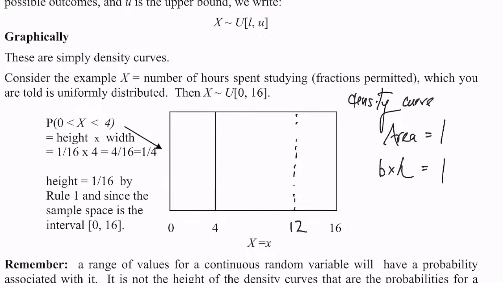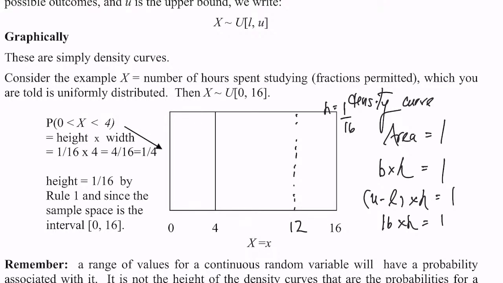The base is always upper minus lower for a uniform distribution, still times the height. So now I can put the numbers in. 16 minus 0 is just 16 times height equals 1. So that means that h must be 1 over 16.